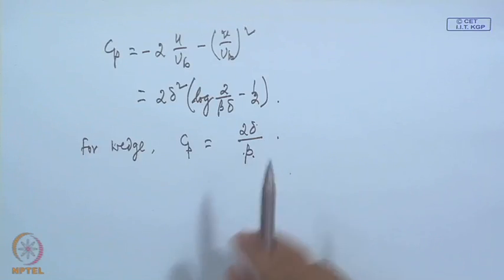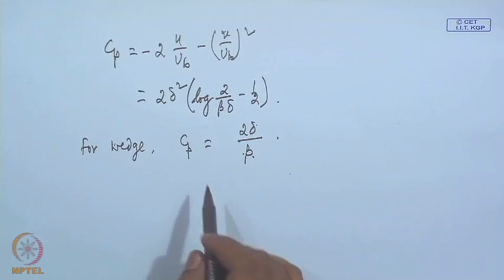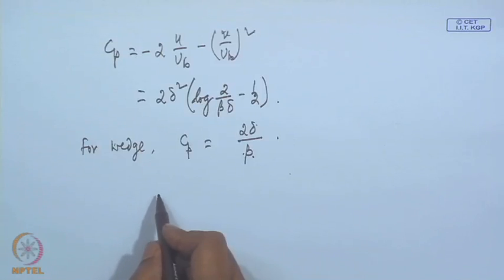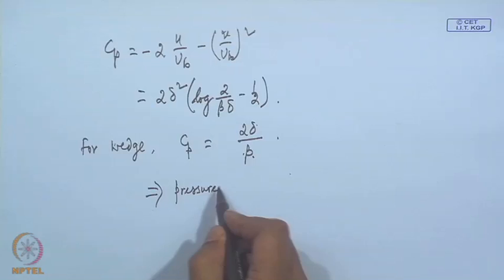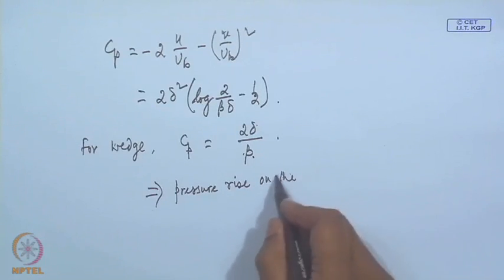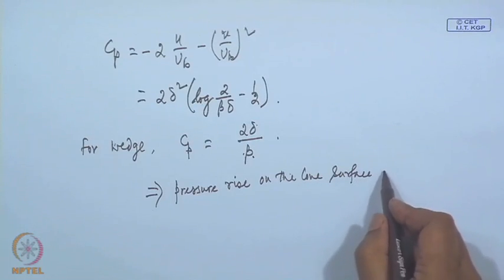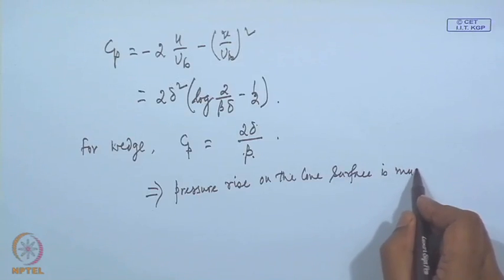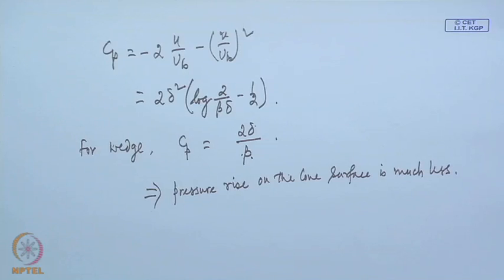So, it is 2 delta by beta. If we compare these two relations, what we see is that the pressure rise on the cone surface is much less when you compare it to a wedge.